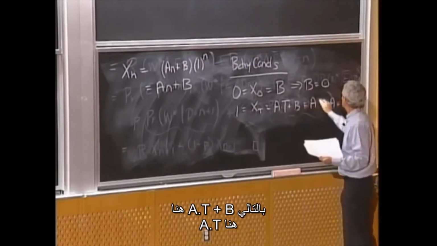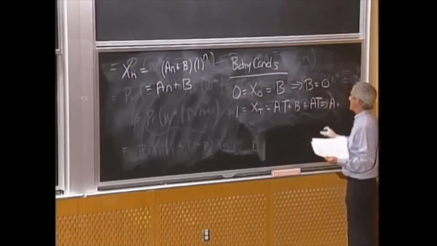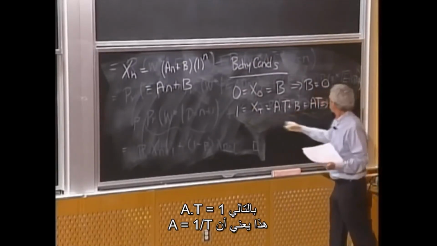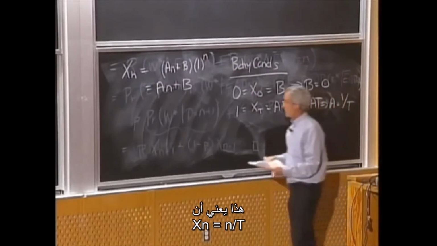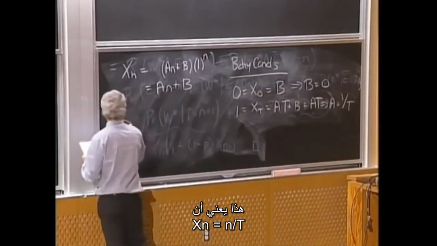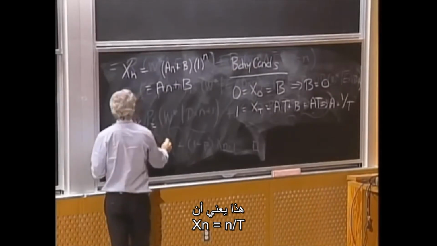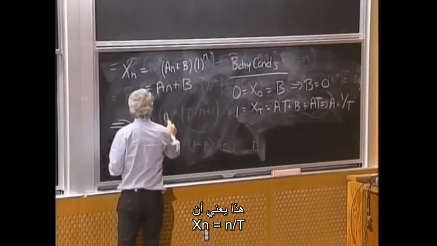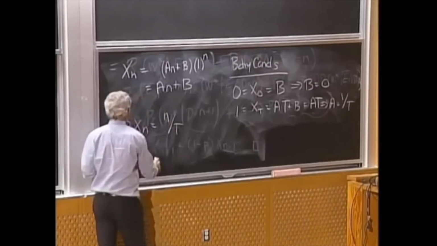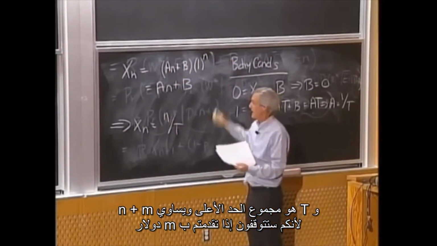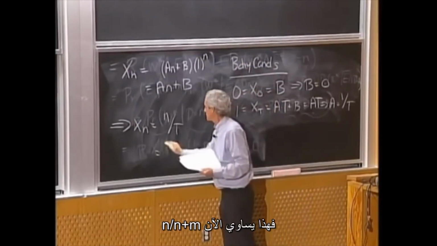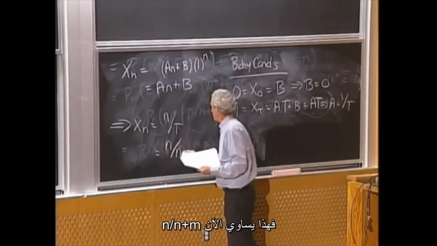So it's at plus b. This is at here. So at equals 1. That means a is 1 over t. All right. That means that xn is n over t. And t, the top limit, is n plus m, because you quit if you get ahead m dollars. This is just now n over n plus m.